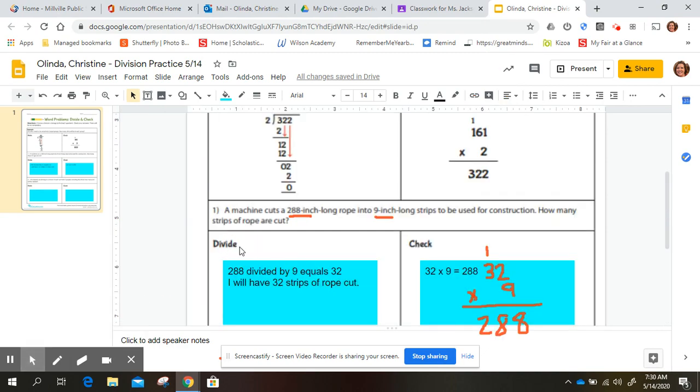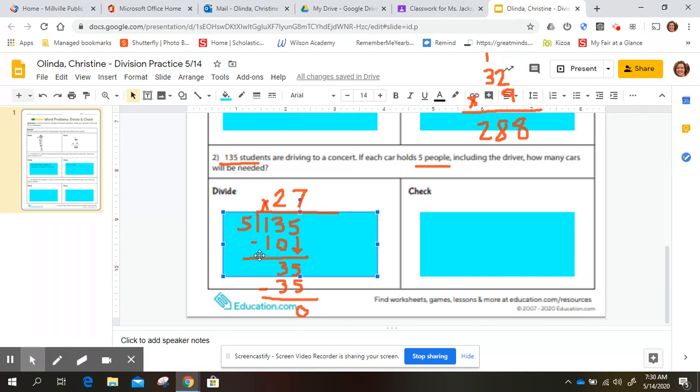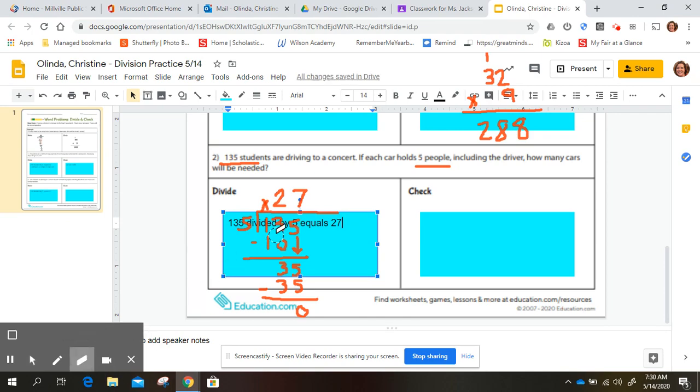So I can type that here. 135 divided by 5 equals 27. I should erase this so you can see.